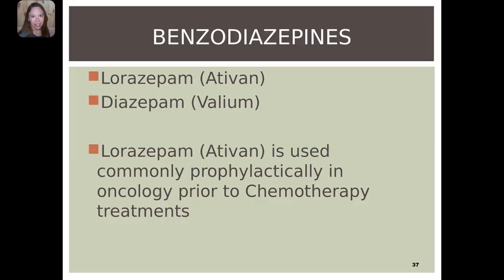And we can give these for anxiety also, but in this case, it's going to be preventing nausea and vomiting. Ativan, commonly we'll see this being used prophylactically to our cancer patients prior to those chemotherapy treatments in order to prevent the nausea and vomiting that chemotherapy can cause.